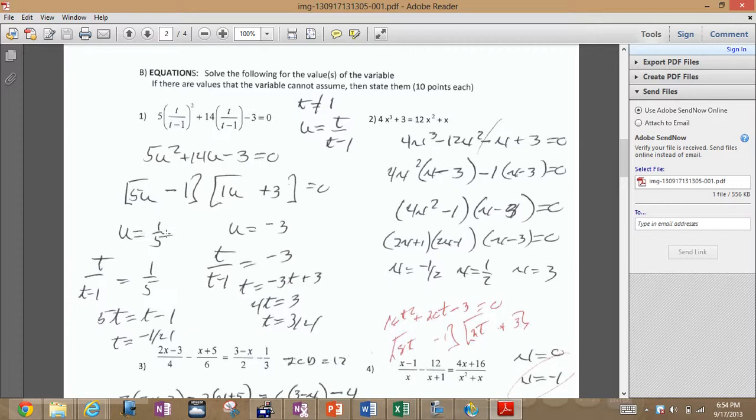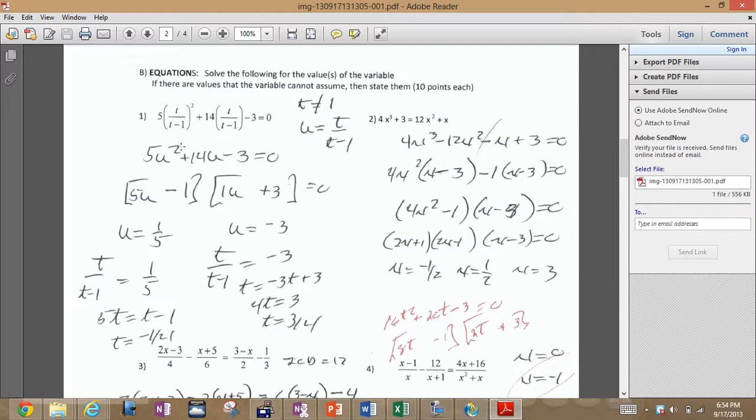U is equal to 1/5. U is equal to -3. Our interest is not what is U. So we return to the t over t minus 1, cross multiply and solve for 2 solutions to this. Neither one of which is 1.